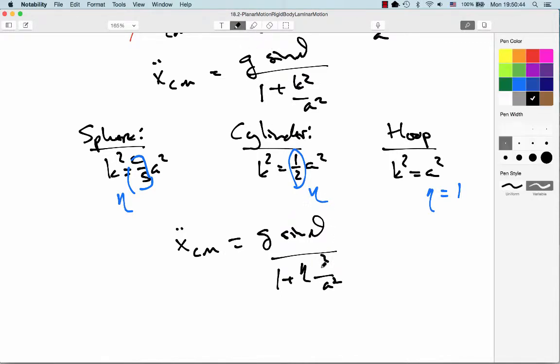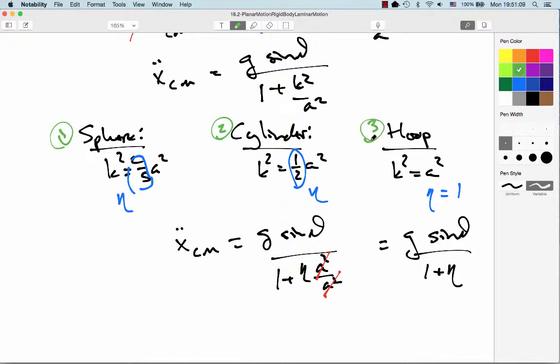Eta a squared. So we can cancel the a squareds, and I get that's equal to g sine theta over 1 plus eta. So whoever has the smallest eta wins. So that means the sphere is the winner, the cylinder comes in second, and the hoop is dead last.